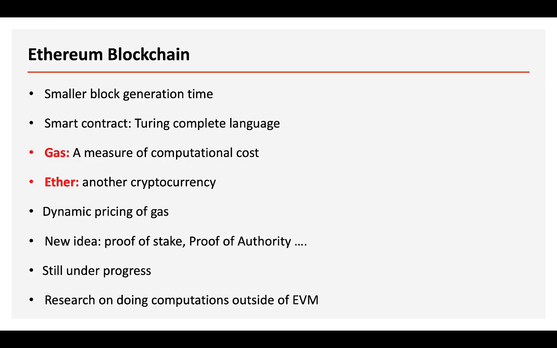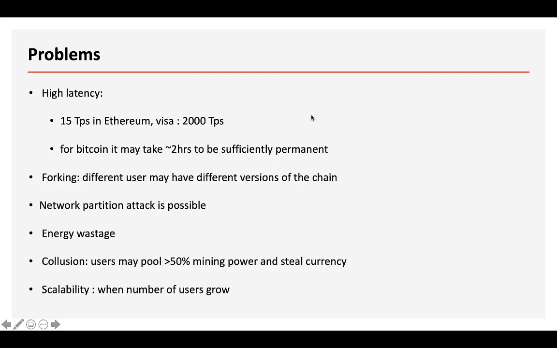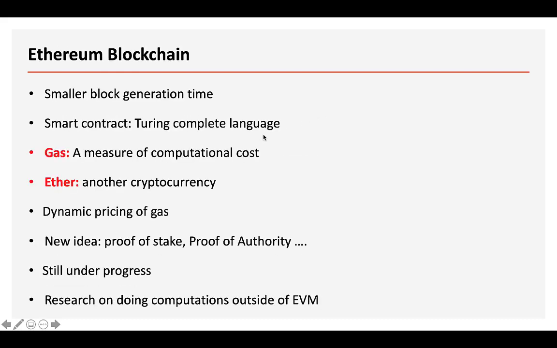And Ethereum blockchain has much smaller block generation time, although it uses a proof of work, but it is faster because everything is done pretty autonomously. Ethereum made sure that the smart contract is done through a Turing complete language, which leads to the question of termination, going into infinite loop, and so on. And therefore they introduced the notion of gas.